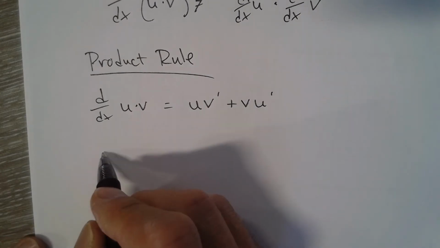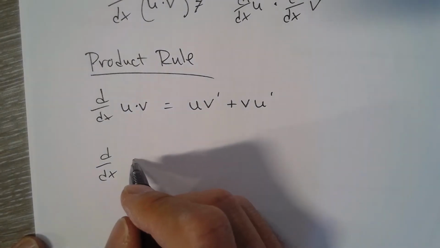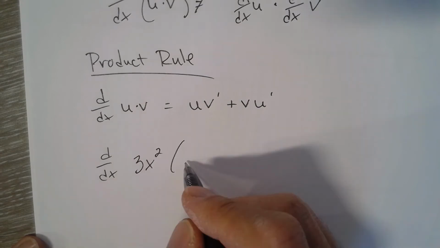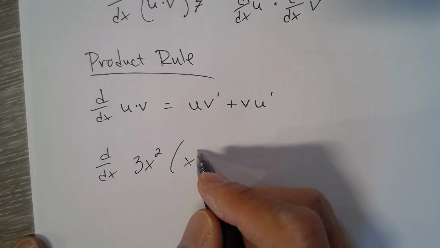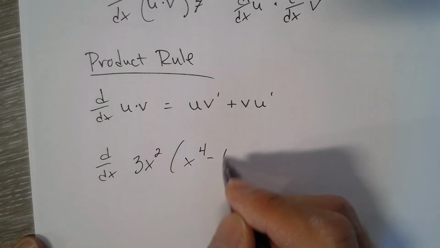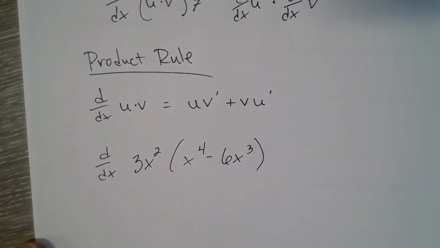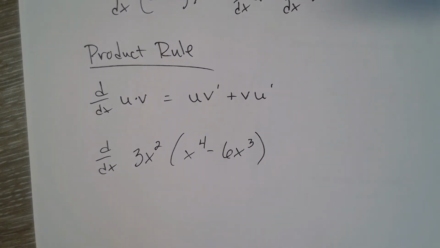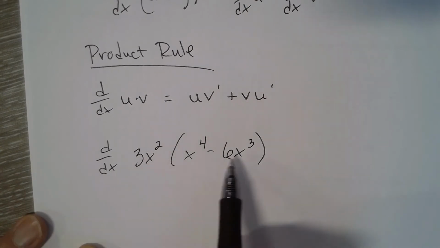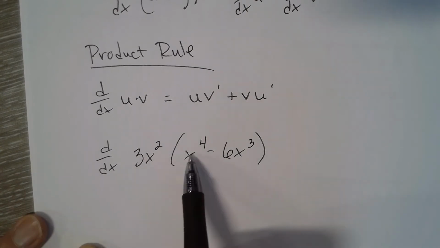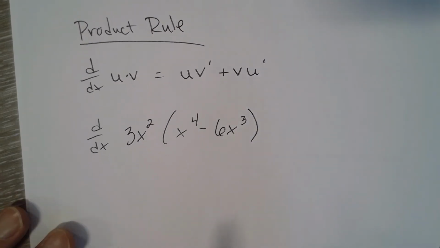So for example, if you wanted to find the derivative of 3x squared times x to the 4th minus 6x cubed, something like that. We could find the derivative as it is, or you could distribute and then figure out the derivative, and I'll demonstrate that you get the same answer.